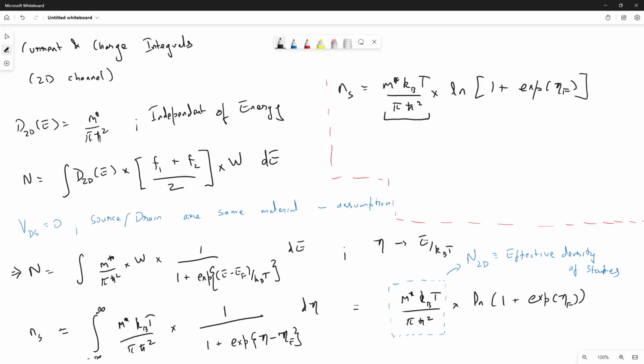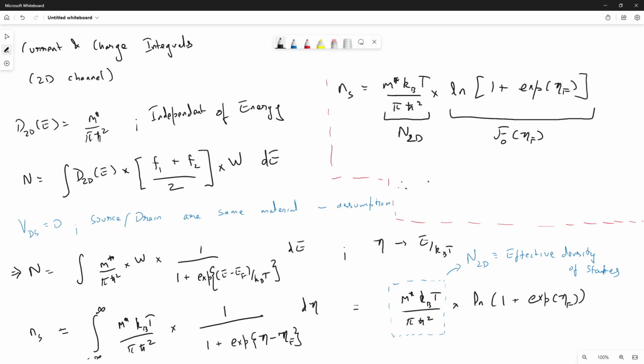So now this we are going to call the effective density of states in 2D, and this is the Fermi integral of order 0. Go back to the Fermi integral lectures or slides, or if you have made notes, you'll see that this expression is exactly equal to F0.